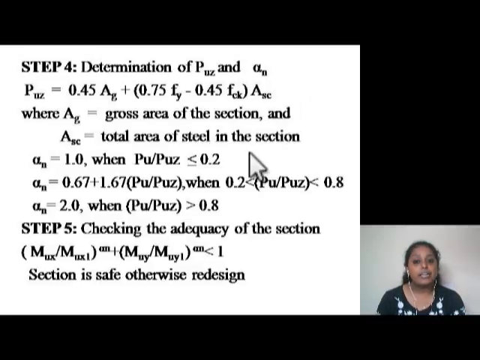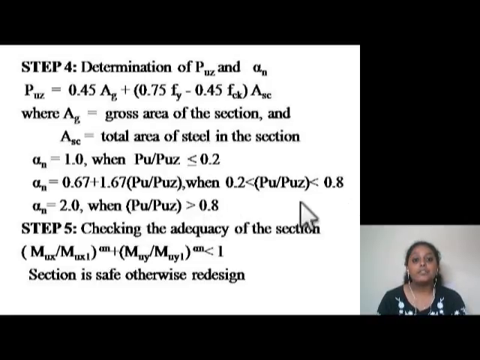Alpha n should be 1 if Pu by Puz is less than 0.2, and alpha n is equal to 0.67 plus 1.67 times Pu by Puz when 0.2 is less than Pu by Puz less than 0.8. Alpha n is equal to 2 when Pu by Puz is greater than 0.8.